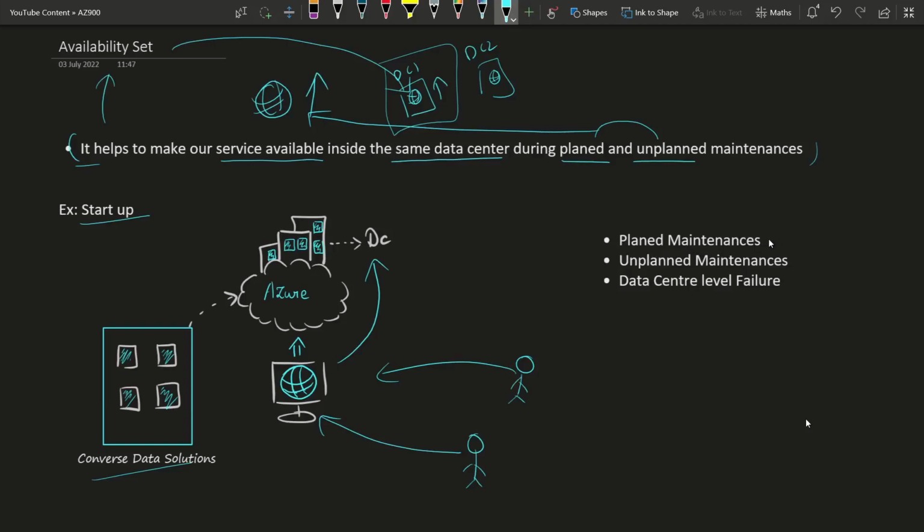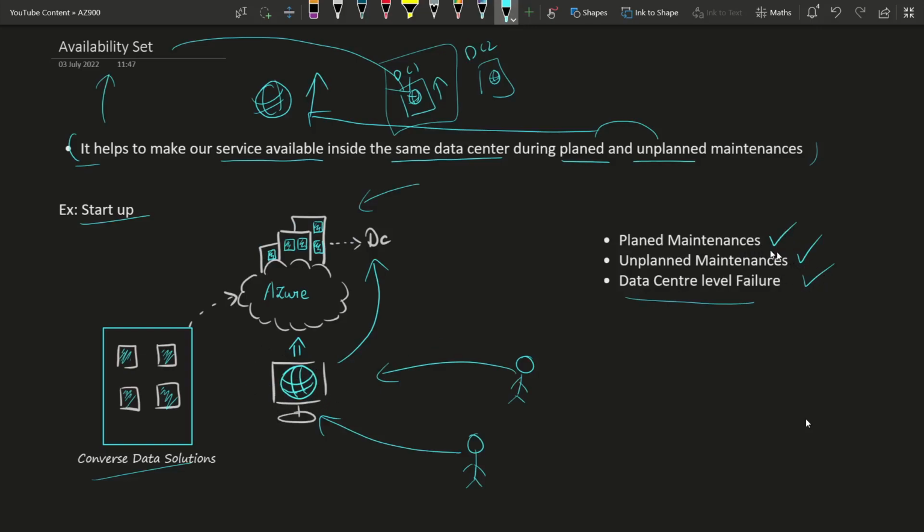One is due to planned maintenance, another is due to unplanned maintenance, and another is due to data center level failure. Assume that our website is hosted inside the data center. If anything happens to the entire data center due to a natural disaster or man-made disaster, the entire data center will fail, right? So at that time our service will not be available. This is one of the problems.